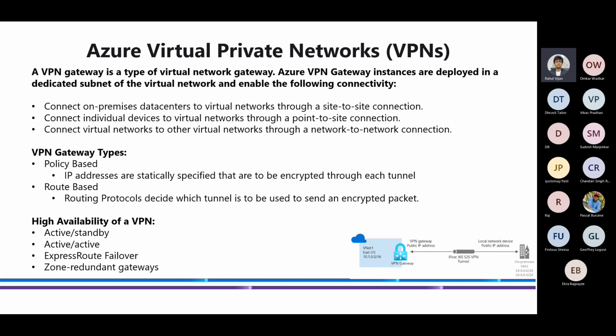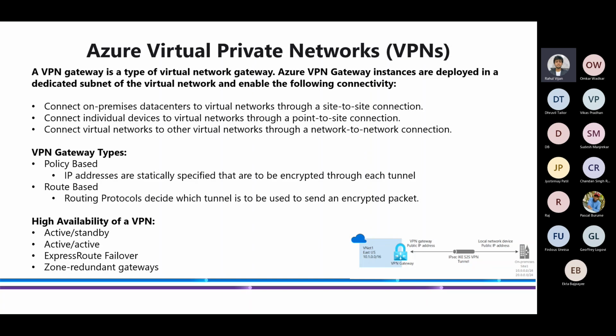Normally in routing, things are selected by the protocol dynamically, taking into consideration what the protocol thinks is the least costly or fastest way to communicate to the other site. But when we talk about static, we provide manually which particular IP address is to be encrypted through which tunnel.